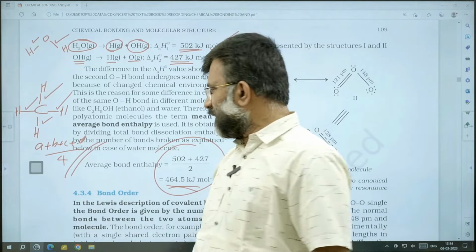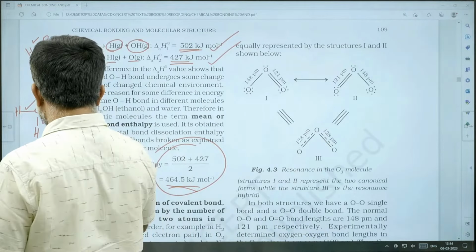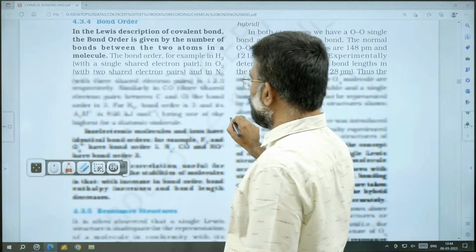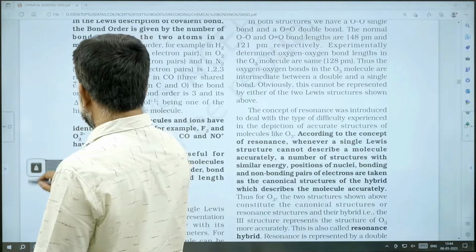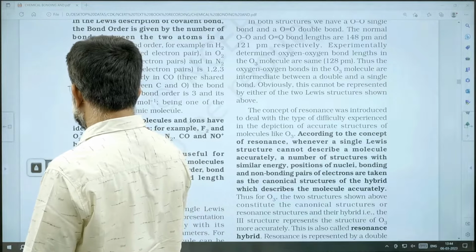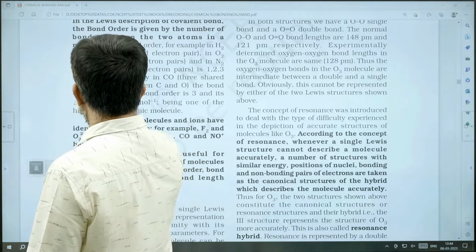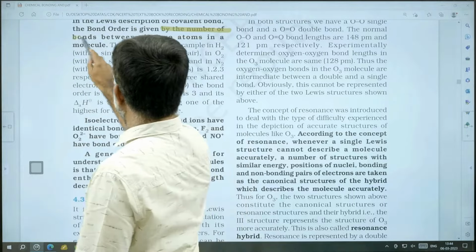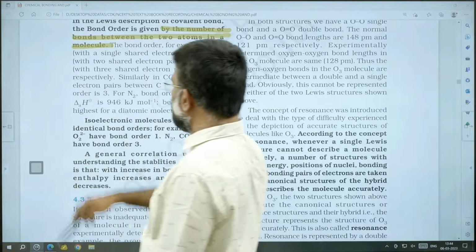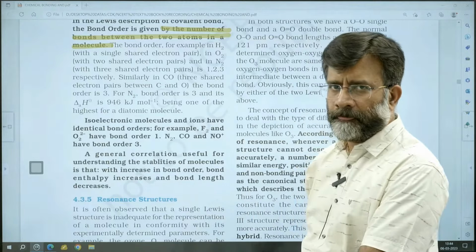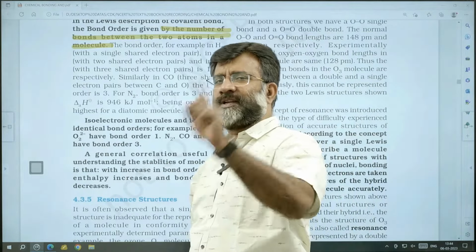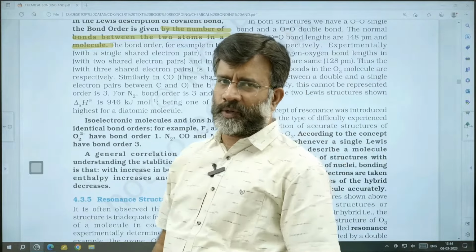Not over. There is another one: bond order. What is bond order? Bond order means the number of bonds between the 2 atoms in a molecule. As we were viewing in the previous case, H-H single, that is bond order equal to 1.